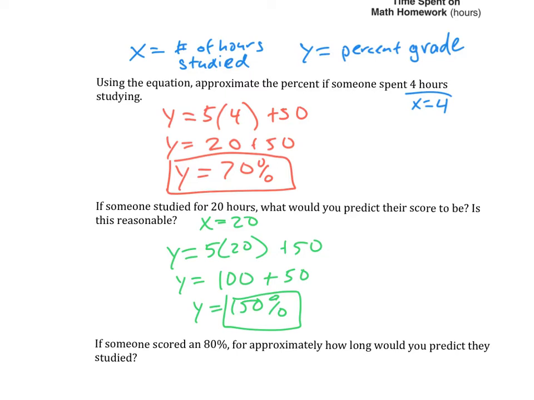Now the next question says, is this reasonable? We're going to have to say, no, this is not reasonable, because the highest percent they could get on the exam is 100, unless there's some extra credit. But even then, there would not be that much extra credit to get 150%.